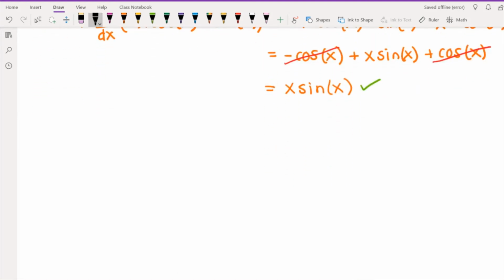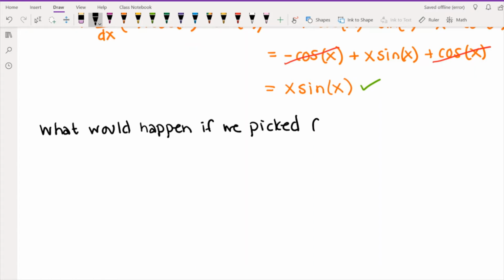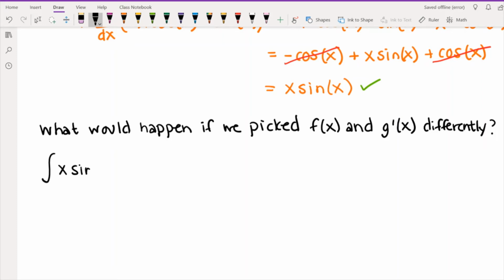What would happen if we picked f of x and g prime of x differently? Okay, so we were trying to find the integral of x times sine of x dx.